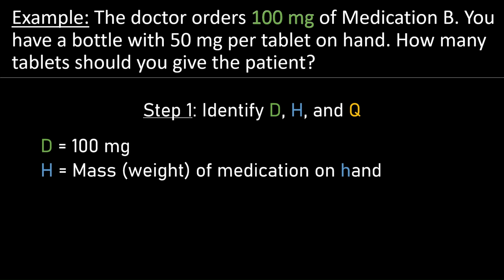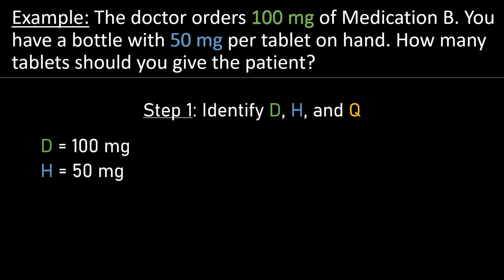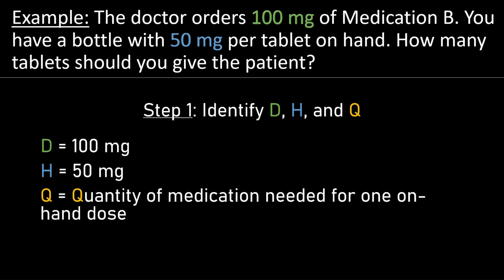Here we can see that the bottle on hand contains 50 milligram tablets of medication B. Since this variable is always a number and a unit of mass, our H is equal to 50 milligrams, or the supply dosage.